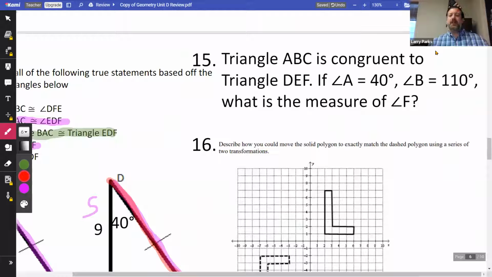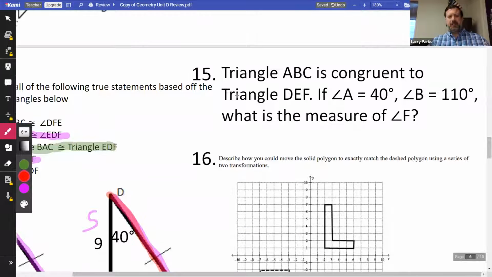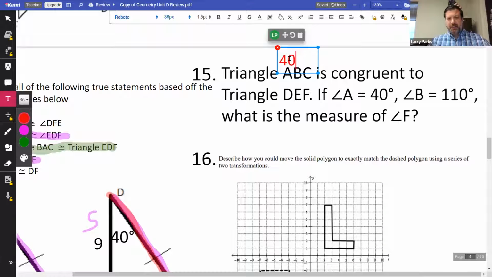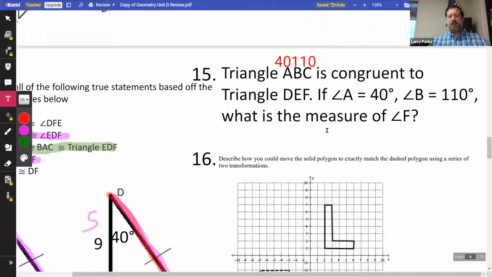15. Triangle ABC is congruent to DEF if A is 40. So what I'm going to do is I'm just going to type that A is 40 right there. Okay. A is 40. B is 110. So I'm going to put B as 110. And you could draw a triangle. We have A is 40, B is 110. What is the measurement of angle F?